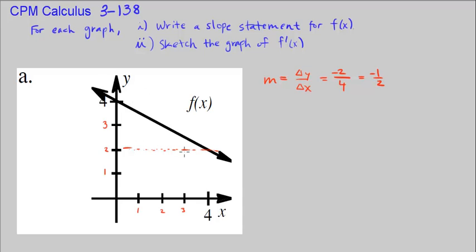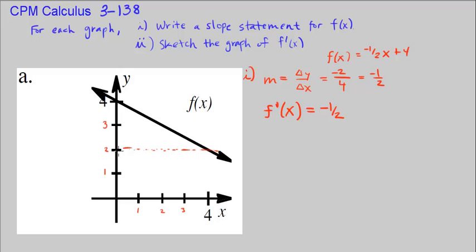So since our line has a constant slope, and we're doing part I, the slope statement, f prime of x, is just going to be that constant slope, which is equal to -1/2. All right? Again, you could also think about it as if f of x is equal to this line, it's going to be equal to -1/2 x plus 4.